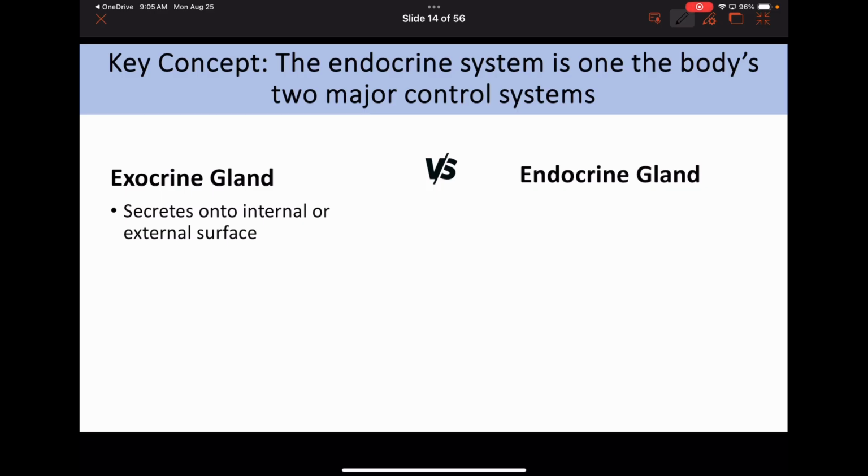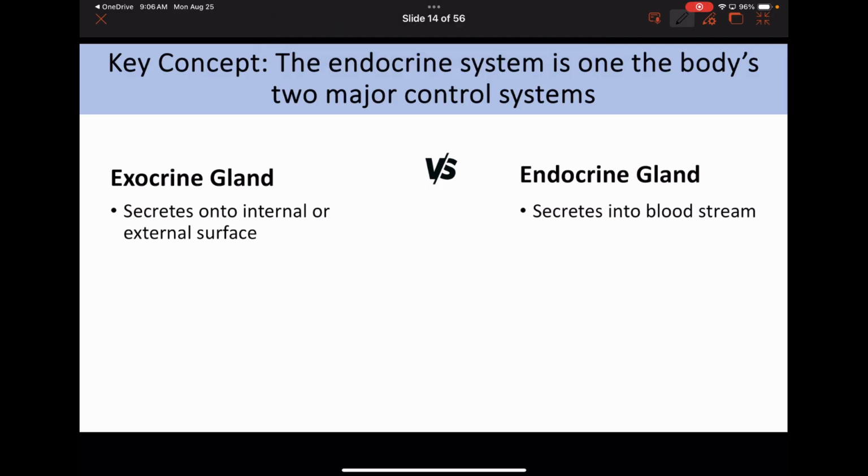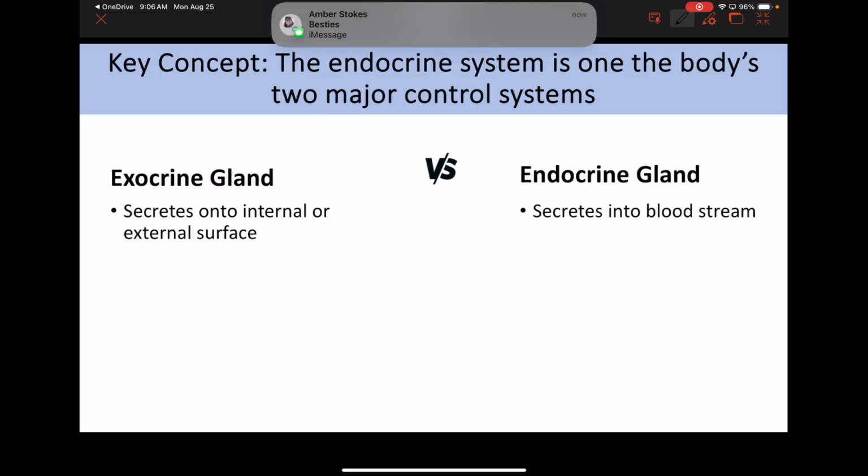Endocrine glands, on the other hand, secrete their substances, hormones, directly into the bloodstream. So exocrine goes onto either an external surface or an internal surface, like your respiratory tract or your digestive tract, while the endocrine glands have direct access to the bloodstream to just drop those into circulation.